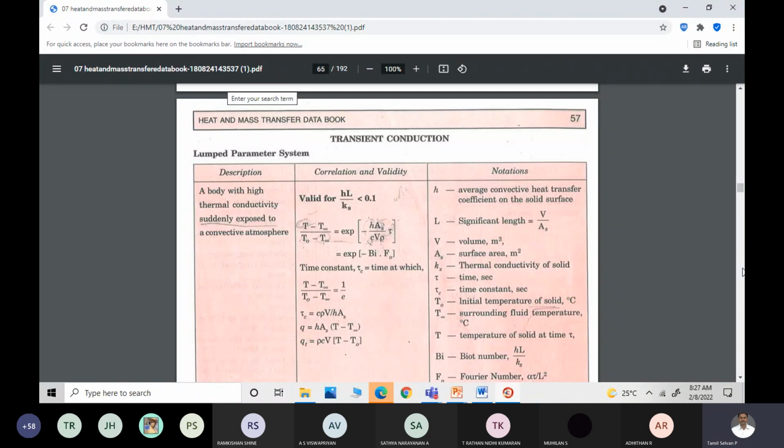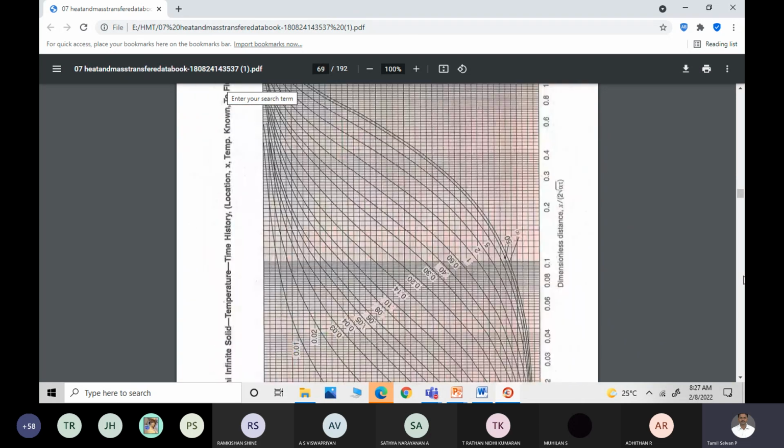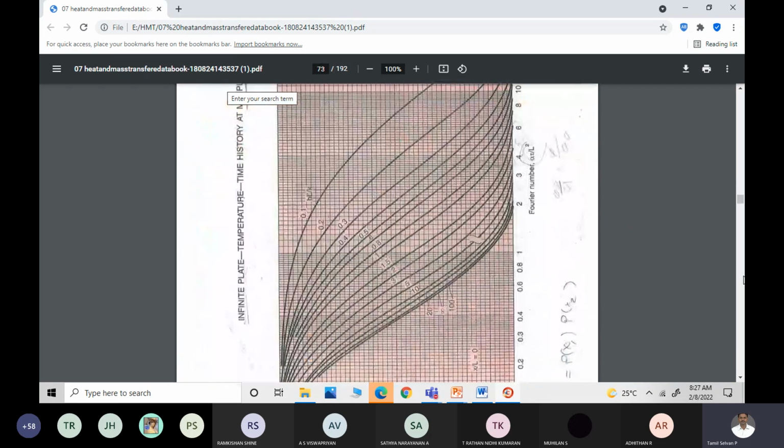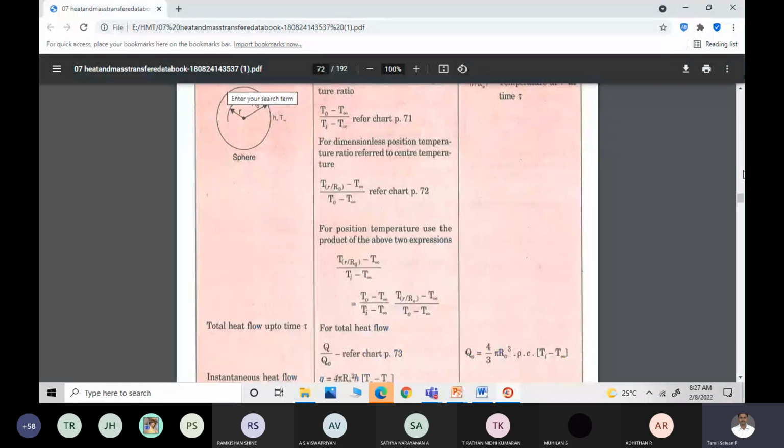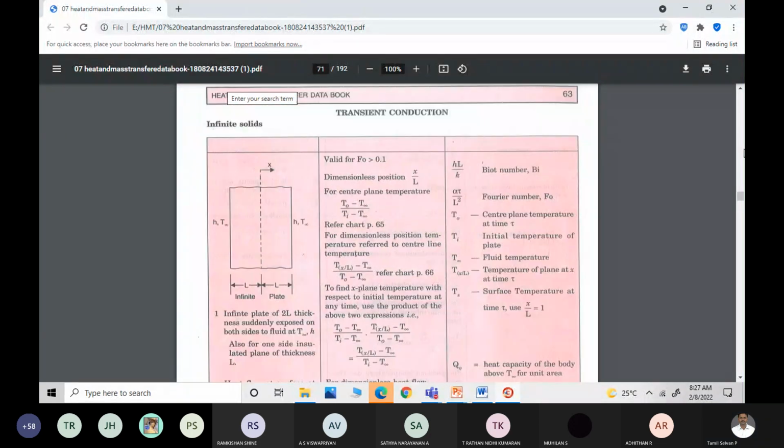Often students get confused when they calculate the Biot number. The lumped system is valid only when the Biot number is less than 0.1, and when the Biot number is greater than 0.1, we have to go for the infinite solid. Here T0 is the center plane temperature, whereas in the lumped system T0 is referred to as the initial temperature; Ti is the initial temperature.